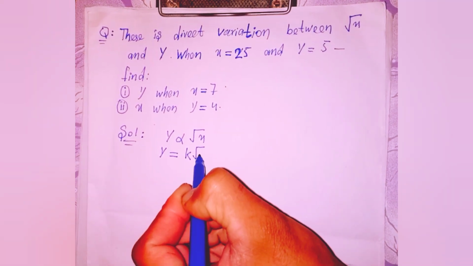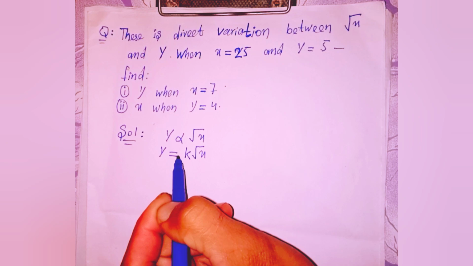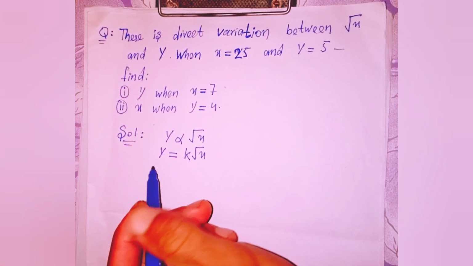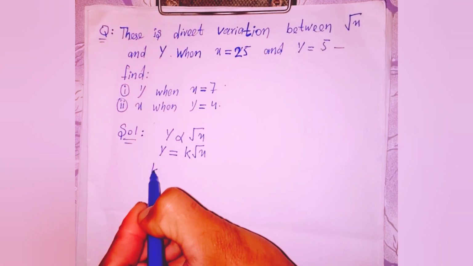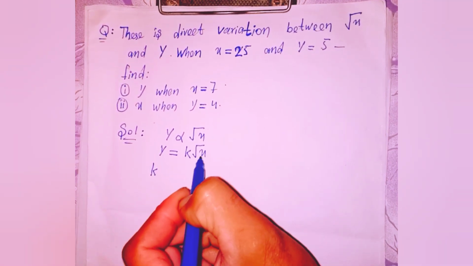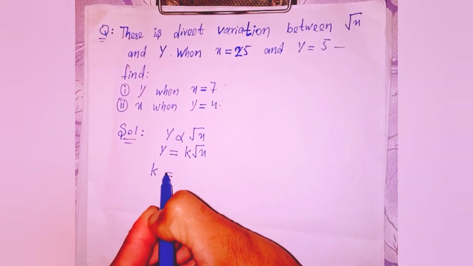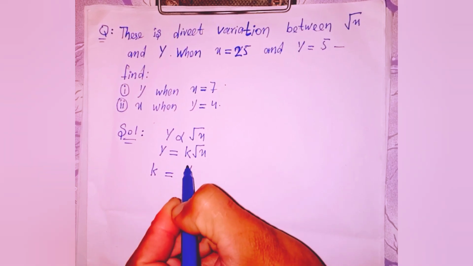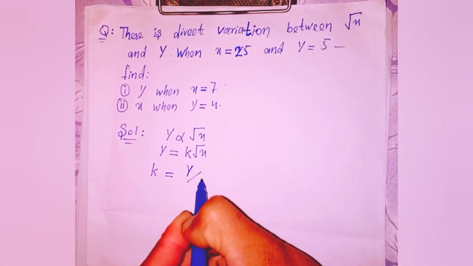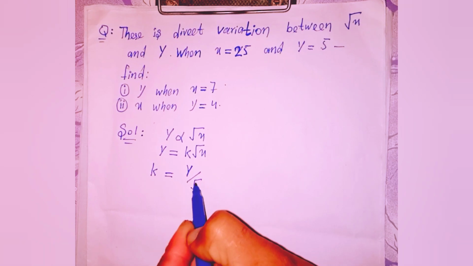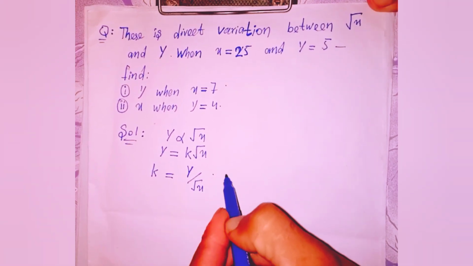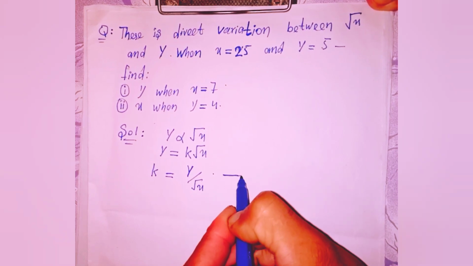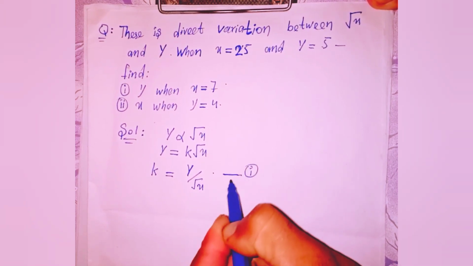So here we get y = k√x. Now to find out the value of k, we can divide both sides by √x. So we get k = y divided by √x, right? So this is equation number 1, we can say.